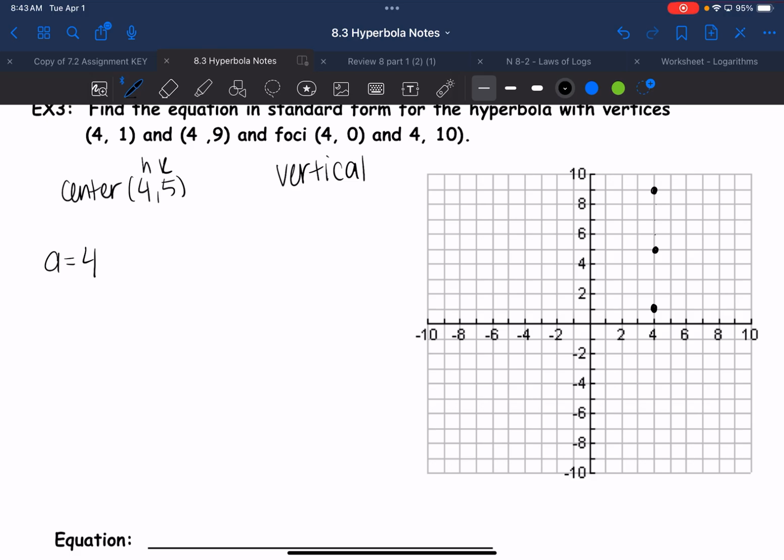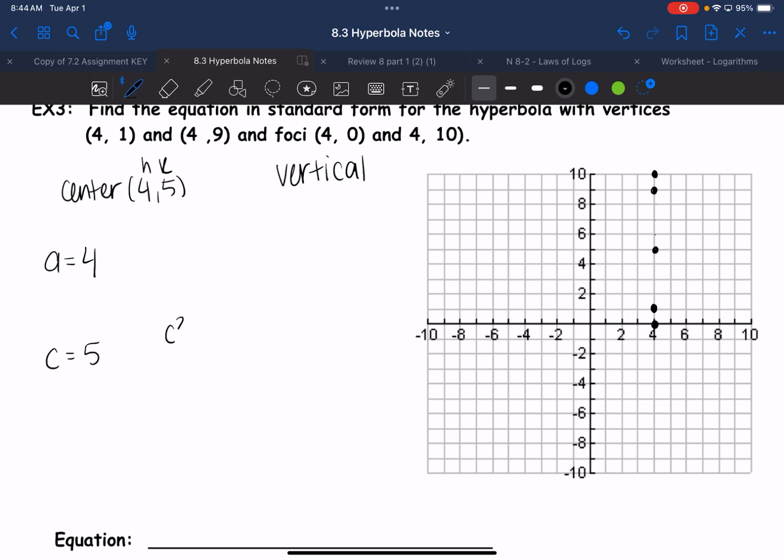Okay. Then we also have foci at 4, 0 and 4, 10. So right above and right below, right? And foci is my c value. So my c value is what? 5. And then we would just need to figure out the b value.